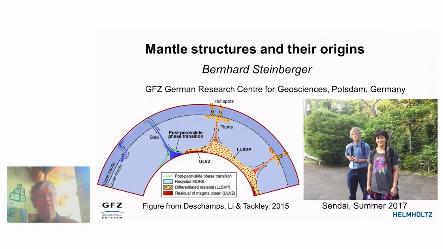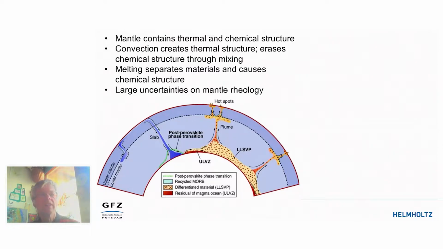So these are the different chemical structures. And through mantle convection, through this mixing, the chemical structure is also continuously being erased again. So again, the mantle contains thermal and chemical structure. Convection creates the thermal structure and erases the chemical structure through mixing, and melting separates material and causes chemical structure.